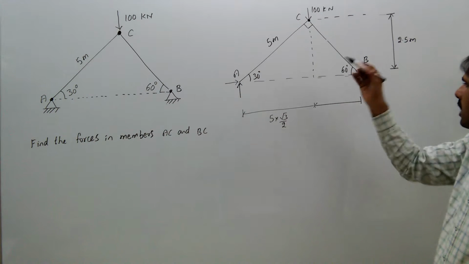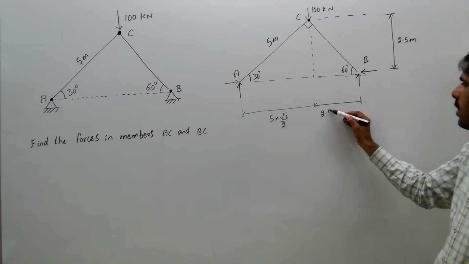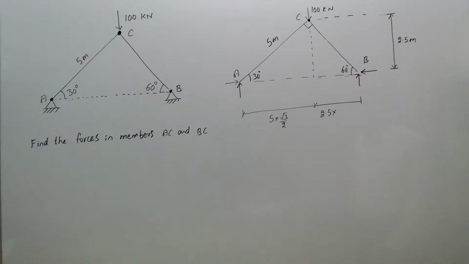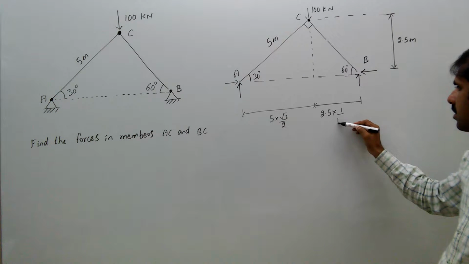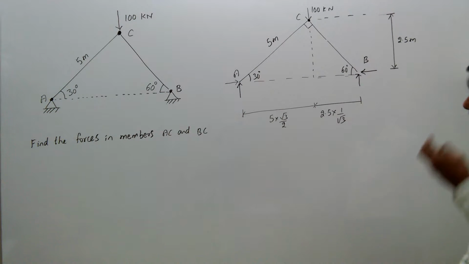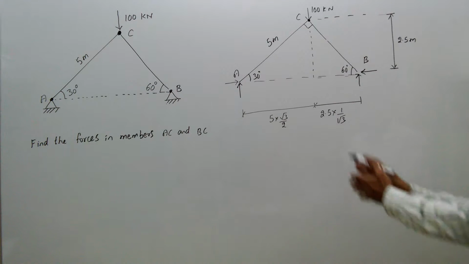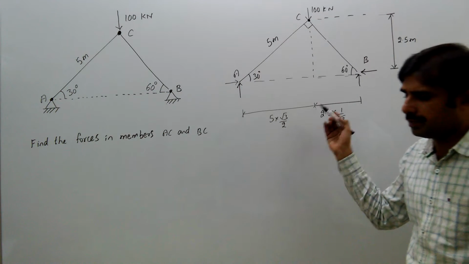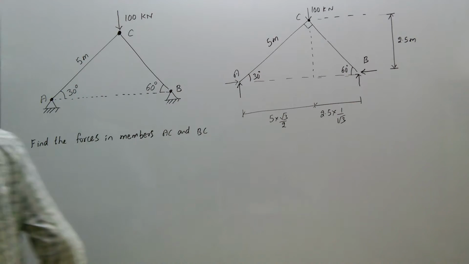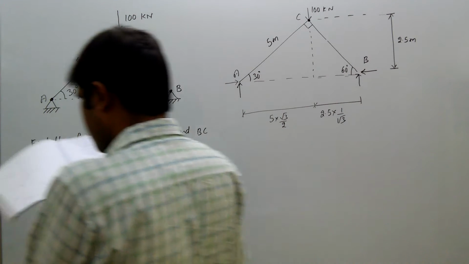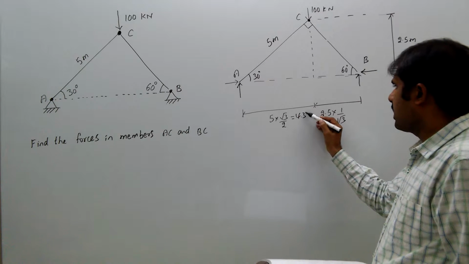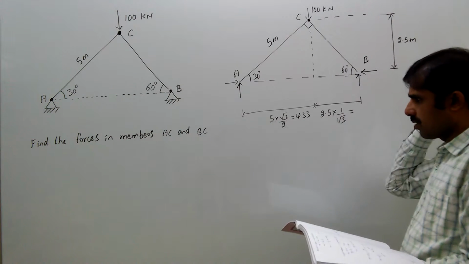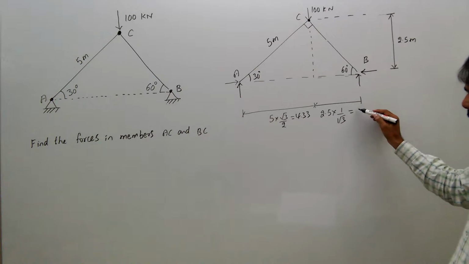So 2.5 into cot 60, cot 60 is 1 by root 3. So this distance in decimal form is 4.33, and this is equal to 1.44.